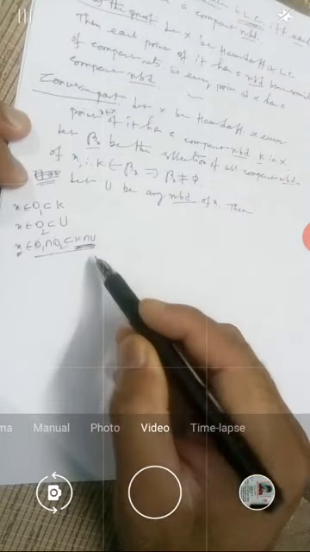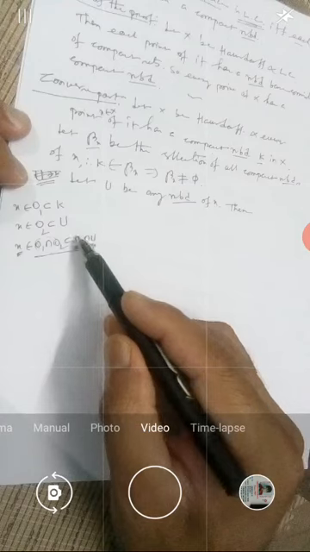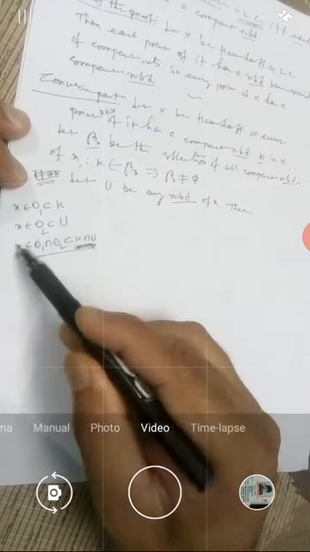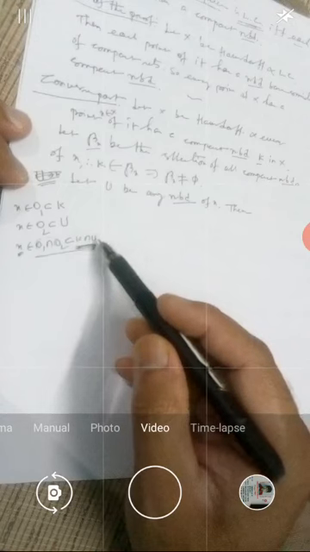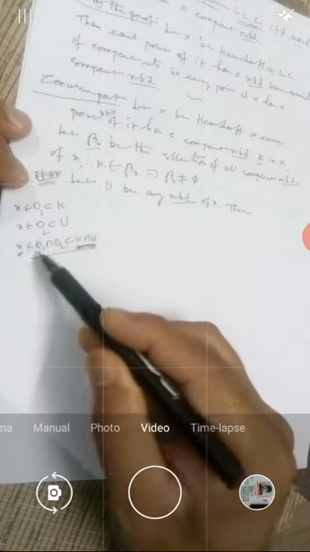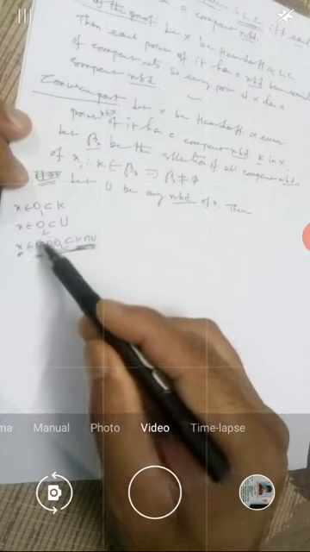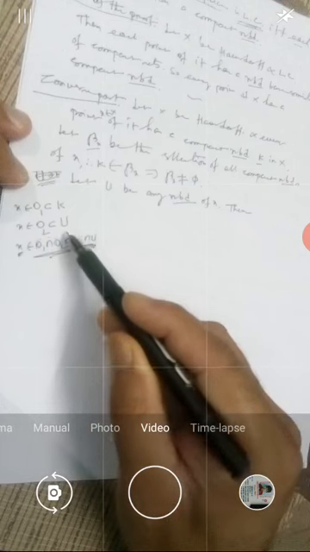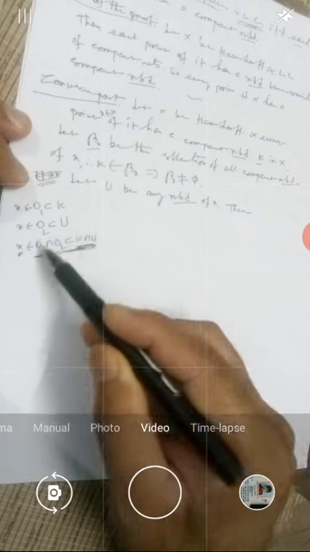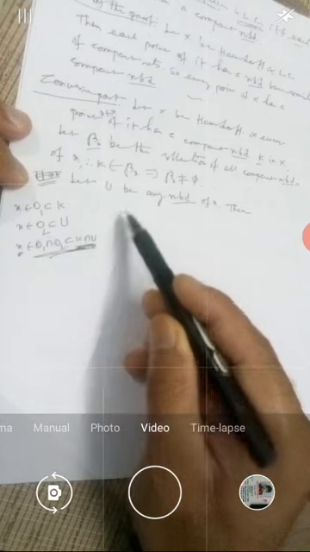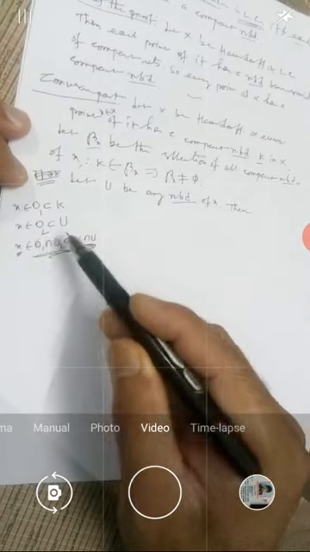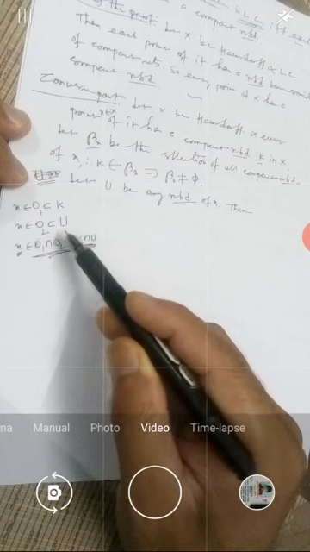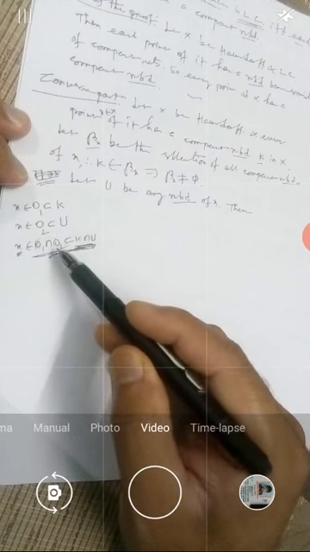Now from this it is clear that if we consider infinitely many neighborhoods of x and take their intersection, this intersection may fail to be a neighborhood of x, because we will get an infinite intersection of open sets, which may not be open, you know.